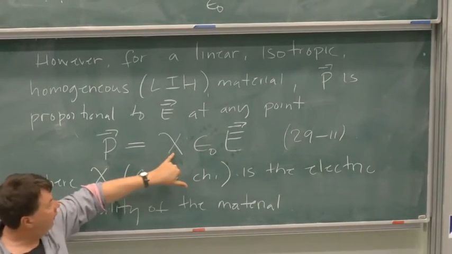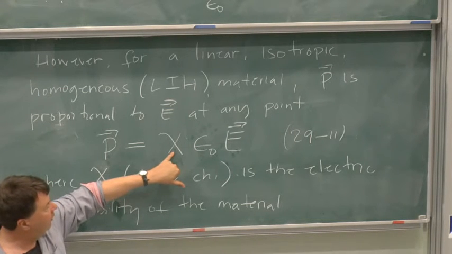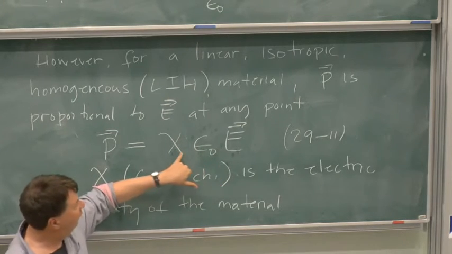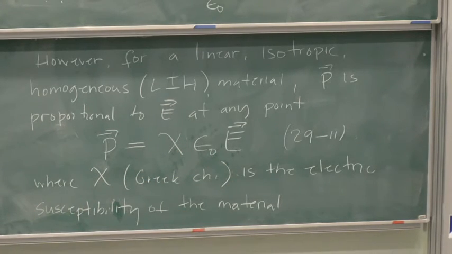Obviously, for helium, this will be an extremely small constant because there are not many atoms to polarize and they've all got very tightly bound electrons.